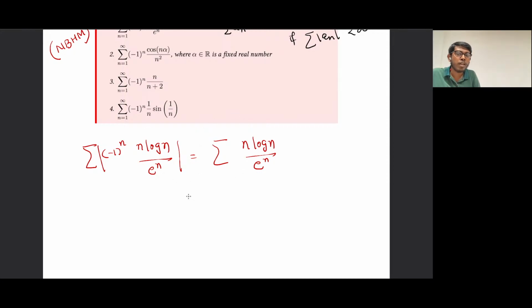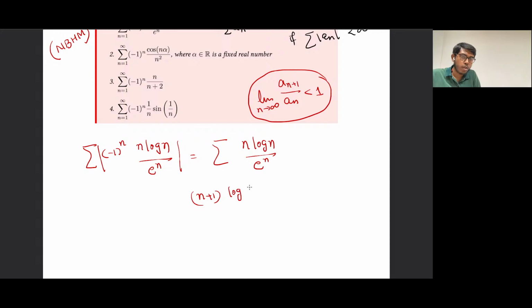So let's see. We'll use the ratio test. If the limit of a(n+1) by a(n) is less than 1, then the series converges. So we'll do that. (n+1) log(n+1) by e to the n+1, times e to the n by n log n.